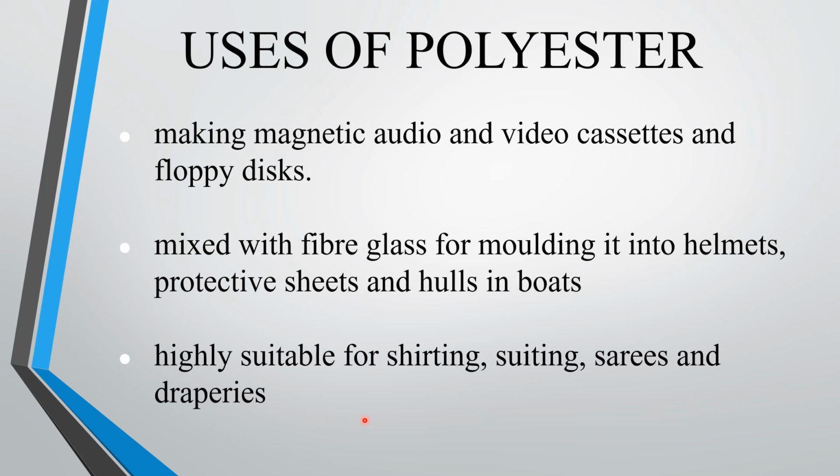It is also used for making sails for sailing boats, fire hoses and conveyor belts. And nowadays, PET bottles are one of the most popular uses of polyesters. Polyesters are also used for making nets, threads, raincoats, jackets, clothing and medical textiles.